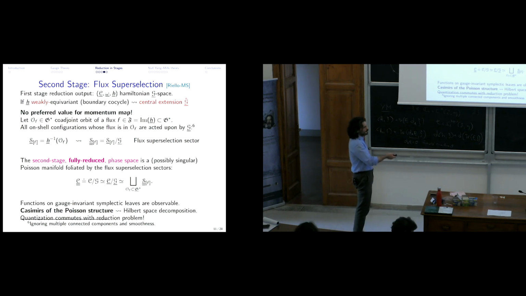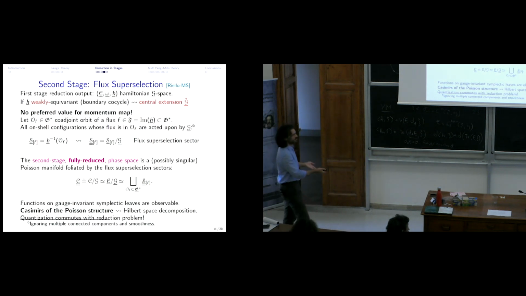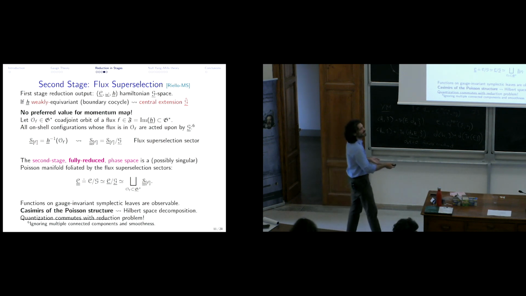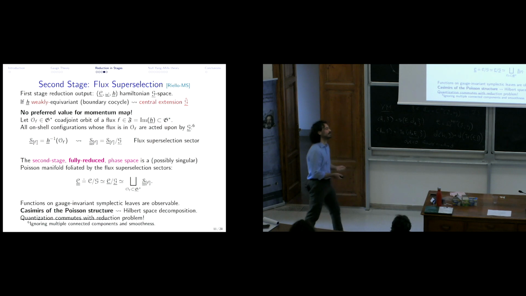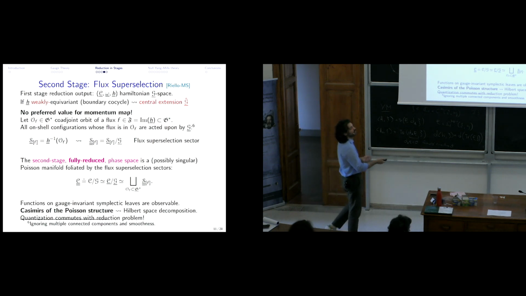Obviously, to make sense of this, one needs to show that quantization commutes with reduction in here, which is obviously going to be very difficult, but in the case of Chern-Simons, for example, this has been done many years ago by Meinrenken and Woodward, who proved the Verlinde formula using essentially this technique.